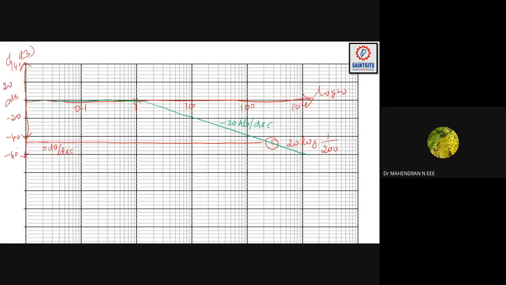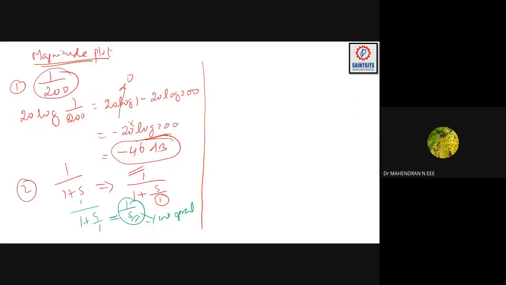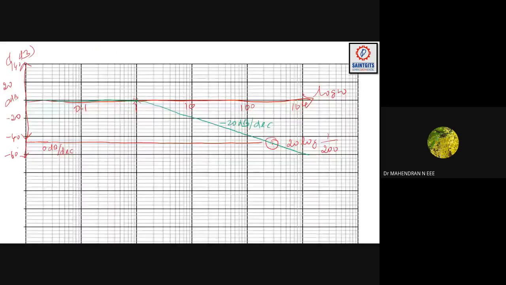During the integral action, you will get minus 20 dB per decade, and the starting frequency is 1. How are we finding this 1? Because at the denominator 1 is there, so 1 is your corner frequency, and we get this straight line because of 1 plus s.